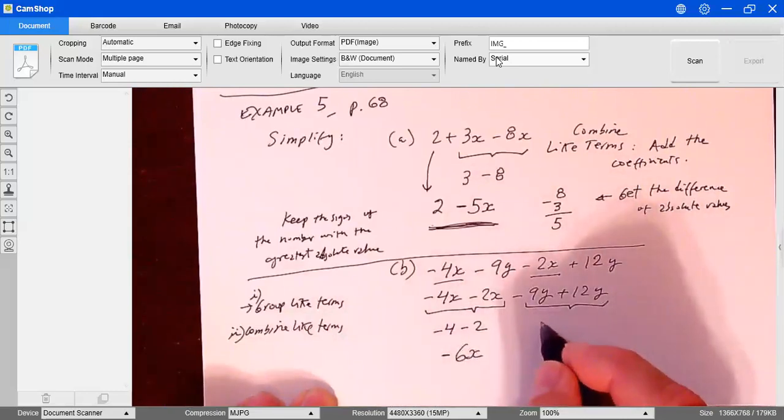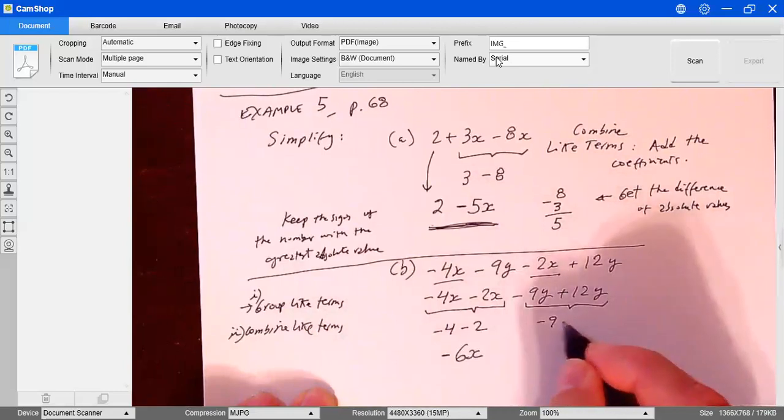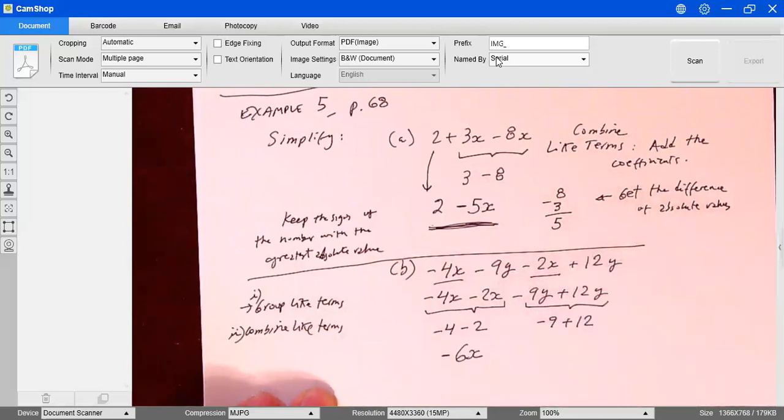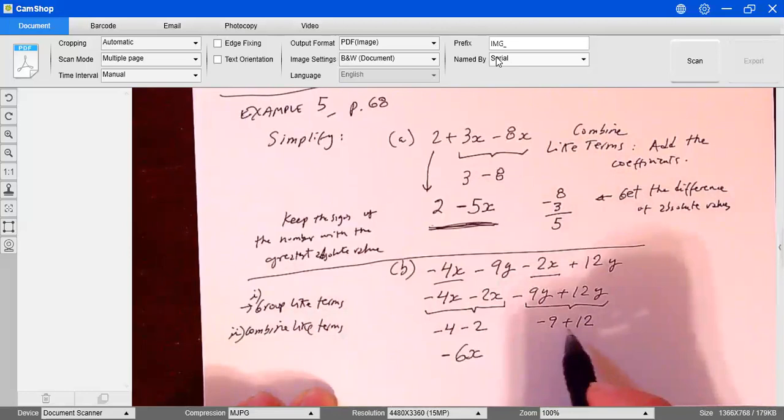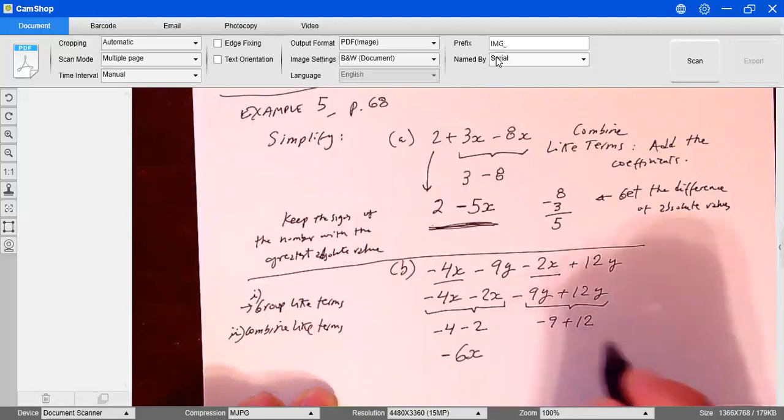Now what happens with the y's? The coefficients are -9, +12. Now you have the addition of two numbers with different signs. So what you want to do is get the difference of the absolute values. So the absolute values are just 12 and 9. So you subtract 9 from 12. So 12 minus 9 is going to be 3.